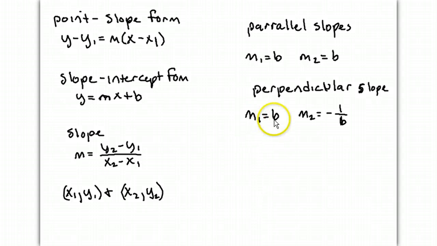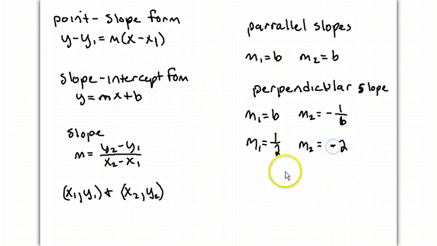So if m1 was 6, then m2 would be negative 1 over 6. Let's say m1 was 1/2. Then you would flip it, which would make it 2, and you would change the sign, which would make it negative. So you flip it and change the sign. That's how you know you have a perpendicular slope.